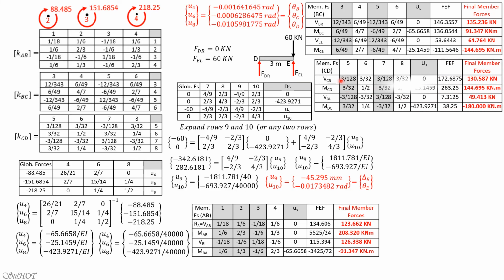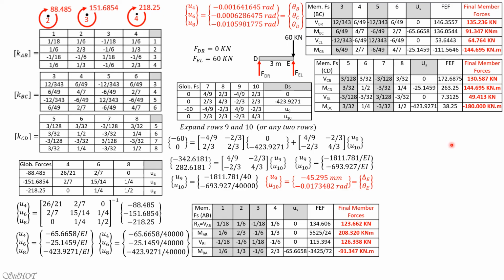Then for member CB, these will be the results. Stiffness, and we have U6 and U8 only. So shade 5 and 7, and distribute plus the corresponding fixed forces, you will get this result.